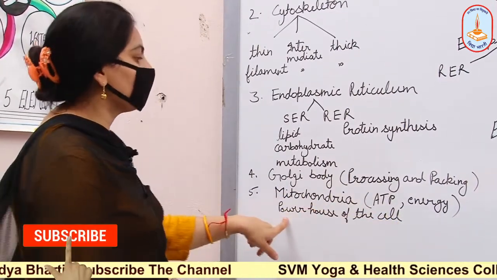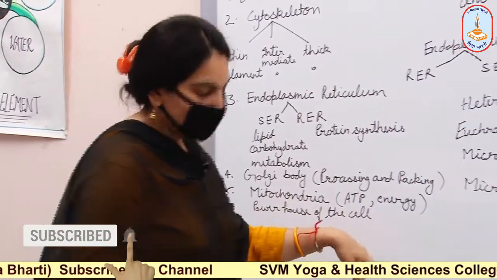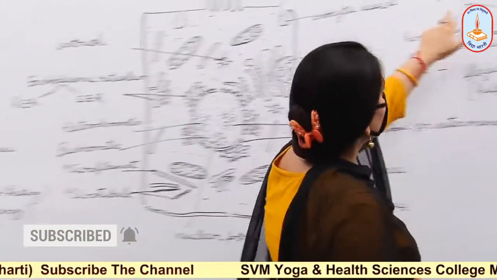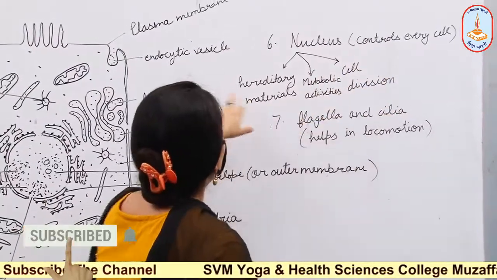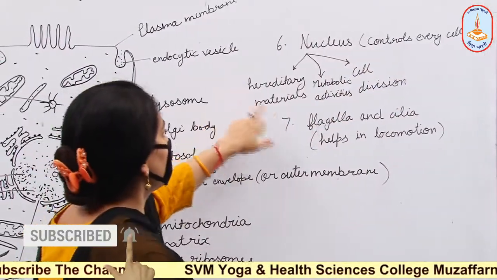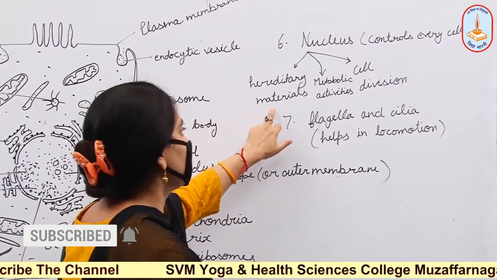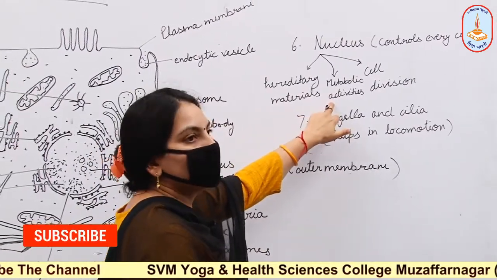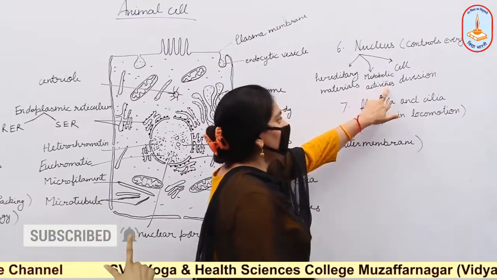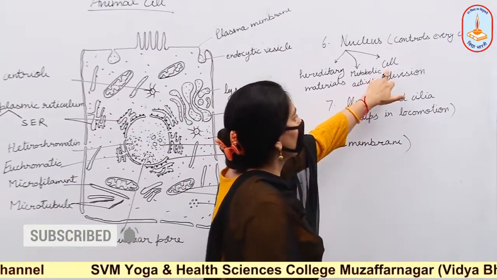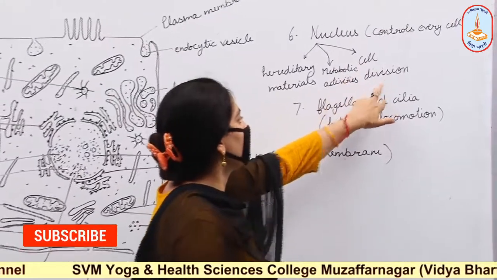It is also known as the powerhouse of the cell. Now next is the nucleus. It also controls every cell. It carries hereditary materials from one generation to the next generation, and it controls all the metabolic activities of our body or every cell, and it also helps in cell division.